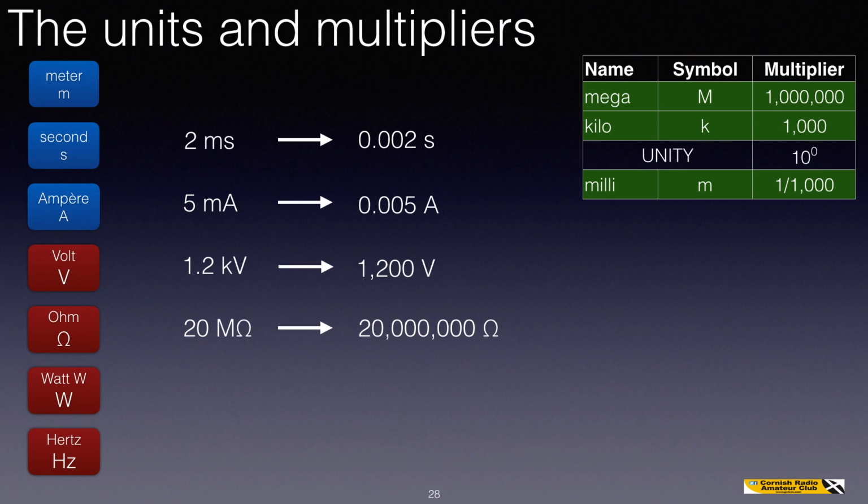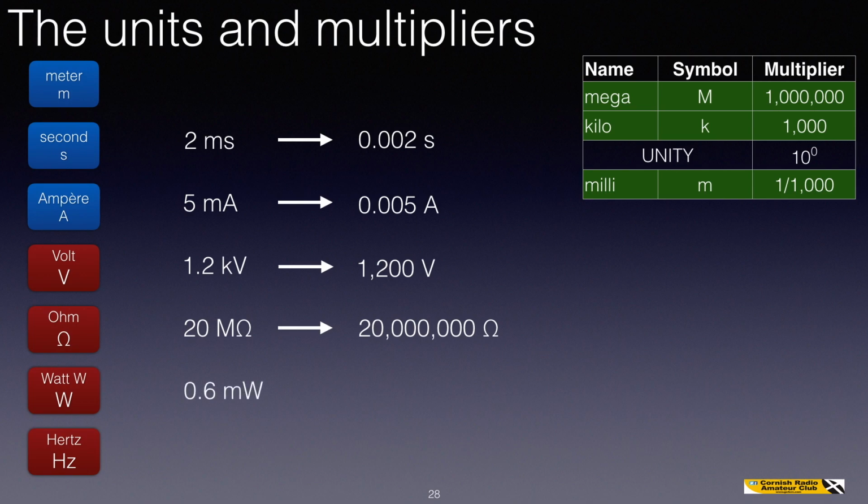So I start off by writing 20 mega ohms as 20.00000, etc. ohms, and I hop my decimal place 1, 2, 3, 4, 5, 6, and I will end up with 20 million ohms. Notice the capital M for mega in mega ohms.